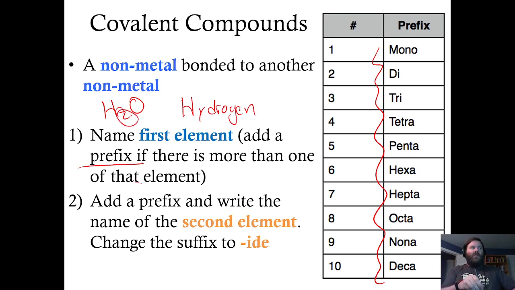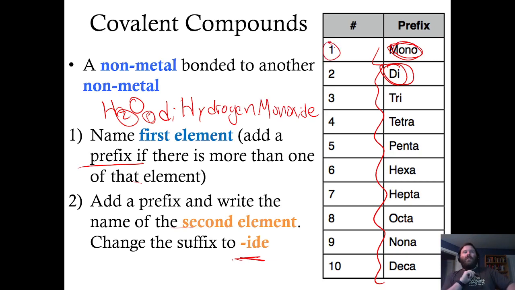We can see there are 2 hydrogens, so this is dihydrogen, because we went up here and got the prefix for 2. And then we add the prefix and write the name of the second element, so this is oxygen, and there's only 1 of them, but we change the suffix to ide, so this is dihydrogen monoxide, where we went up and we got the mono prefix because there's only 1 oxygen. Okay?